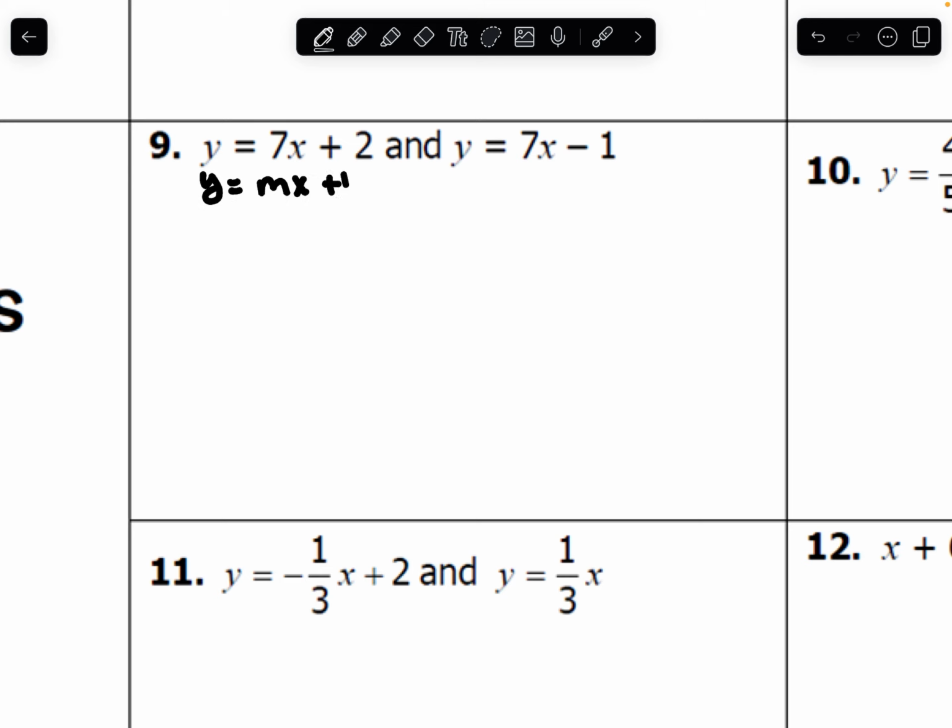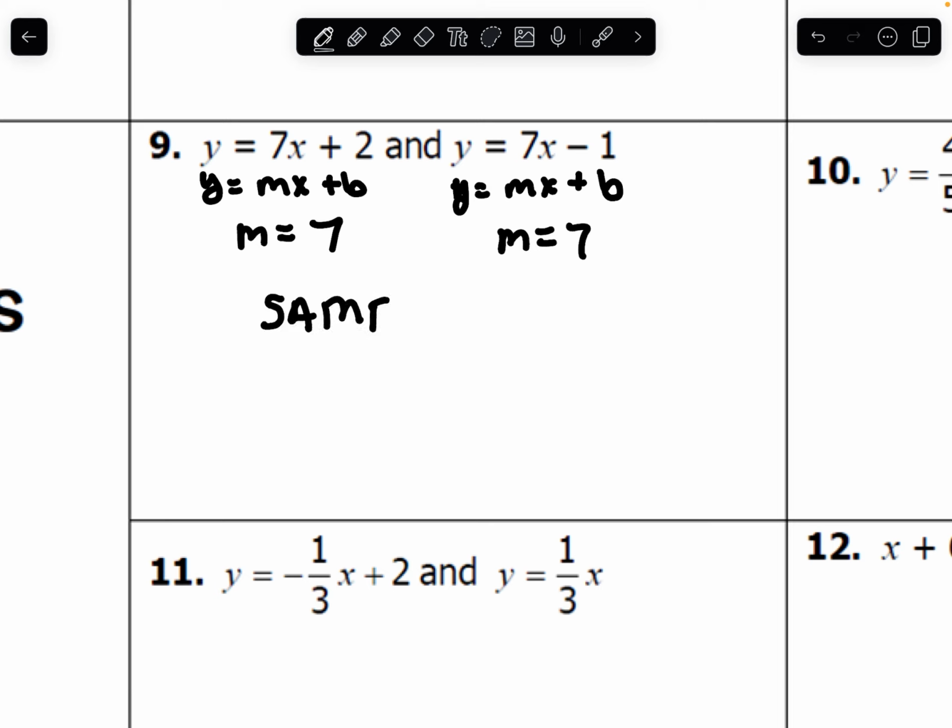If we think about that right now, they're already in y equals mx plus b. Again, if we look at just the slope, we just care about the slope, right? So that's m equals 7 and m equals 7, right? So they're the same slope, which means they are parallel.